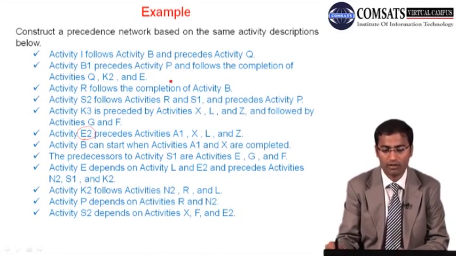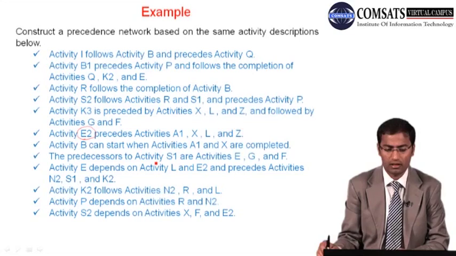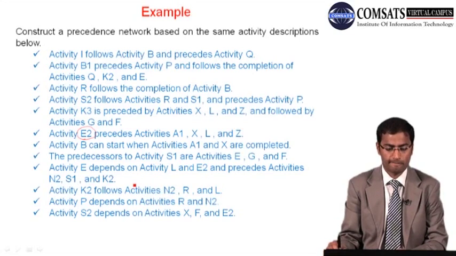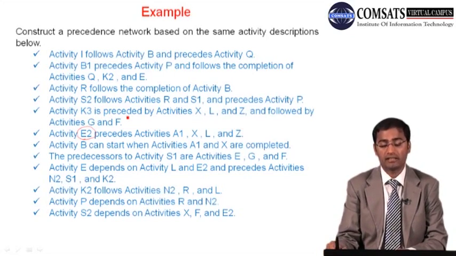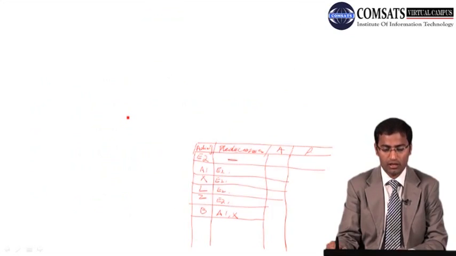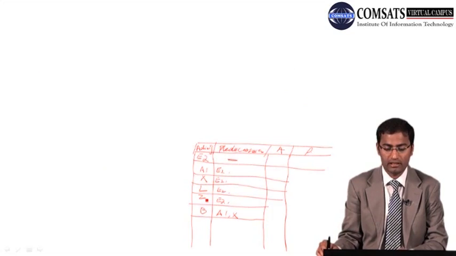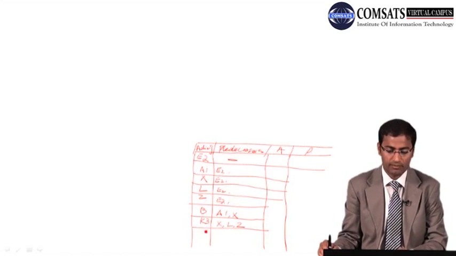So we have to find where K3 is. Okay, K3 is preceded by activities X, L and Z. So X, L and Z have already been done, so we put K3, and this is dependent on X, L and Z. Okay, so K3 has been done.